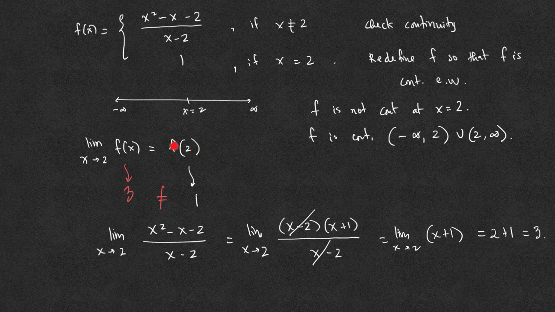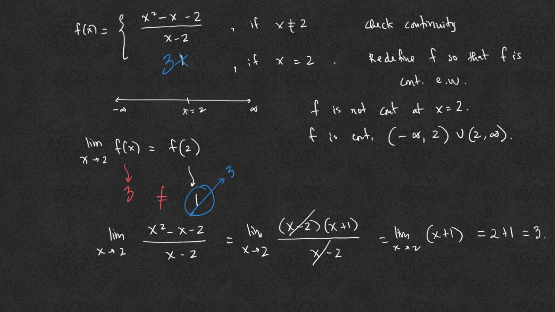The functional value is defined to be 1 at x equals 2, and so we would need to redefine it: instead of defining y equals 1 at x equals 2, we would define y equals 3 at x equals 2. And so if we were to move the point (2, 1) to (2, 3), we would fill in the hole and we end up with a continuous function.